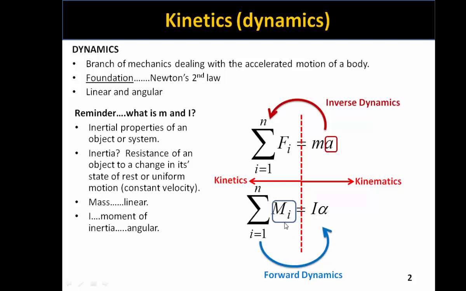If we had information obtained in the laboratory related to the forces acting on an object, or the moments of force acting on a rotating object, will we be able to generate a prediction of what the kinematics would be? Yes, we can, because of Newton's second law in what we call forward dynamics.